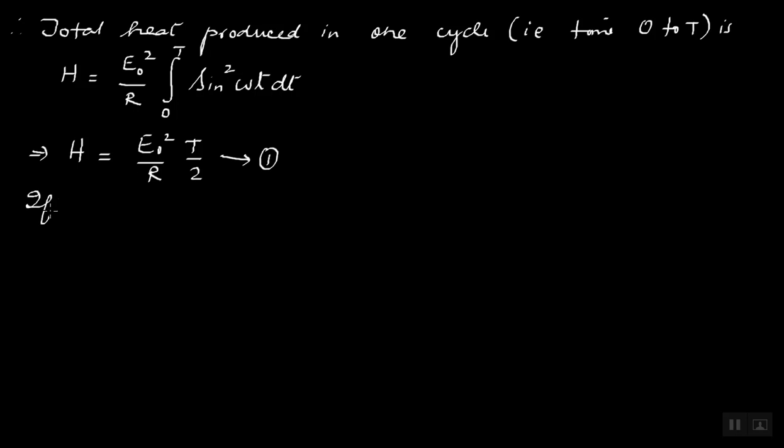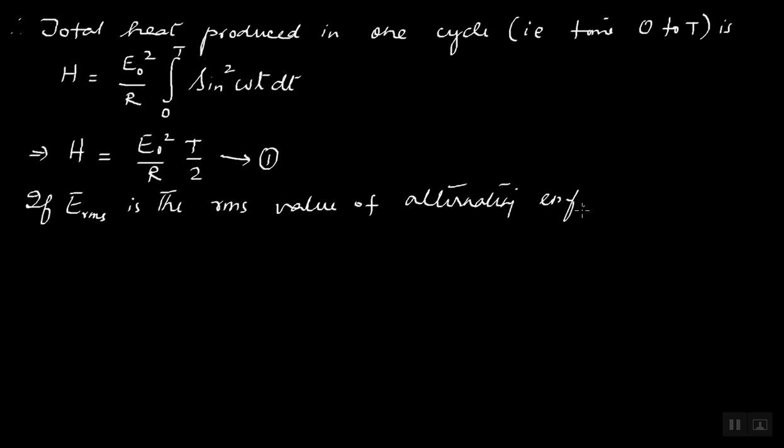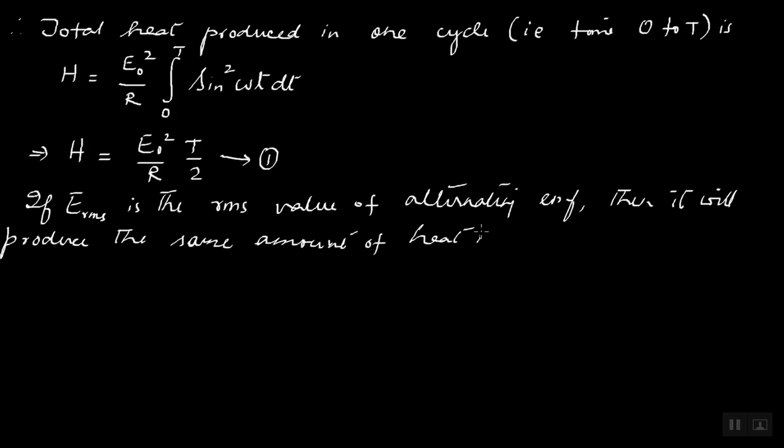Now suppose E RMS is the RMS value of the alternating EMF, then it will produce the same amount of heat in the same time. And what time did we apply it? We applied it for one full cycle.